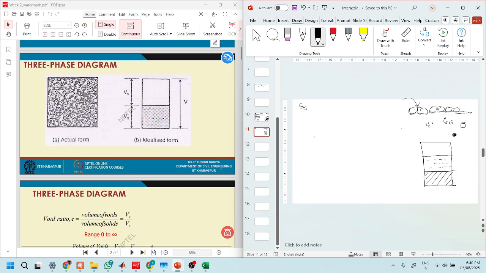There are two cases in which we have a two-phase diagram. One, the soil is completely dry, in which case we have only solid and air. The other is when the soil is completely saturated, in which case we have only solids and water. In between we may have this kind of state in which three phases are present.